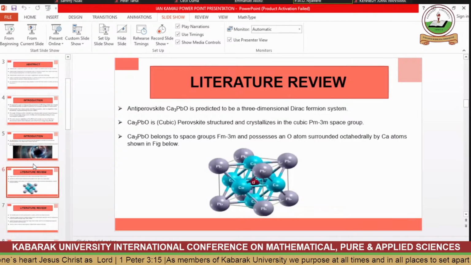So we'll look at the literature review, where antiperovskite calcium lead oxide is predicted to be a three-dimensional Dirac fermion system.